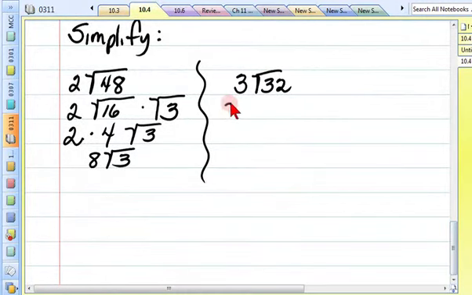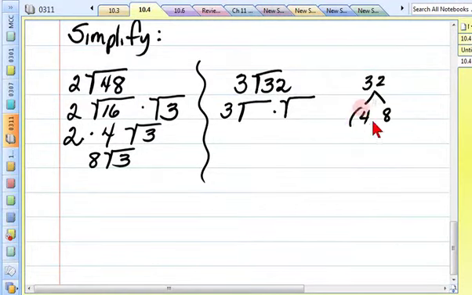I'll keep the 3. Can you factor 32? 4 and 8. Okay, 4 and 8. So 32 is 4 times 8. There's a perfect square. Is there a perfect square that goes into 8? Yeah. It's 4 times 2. Whoops, don't circle the 2. The product of those is 16, which the product of perfect squares is also a perfect square.